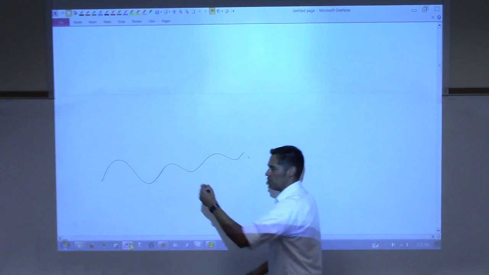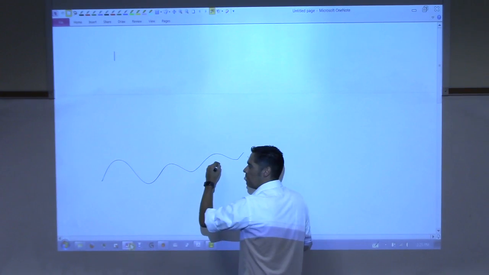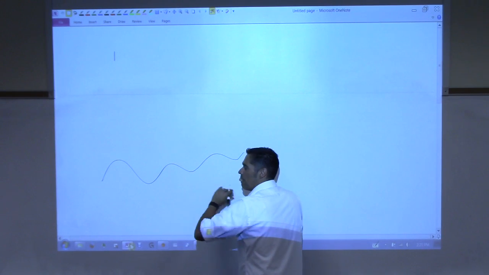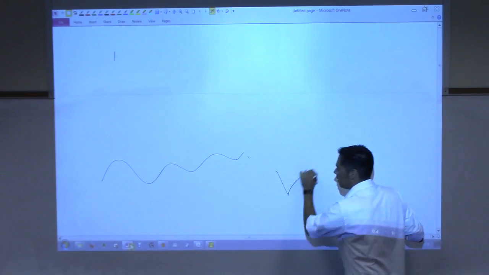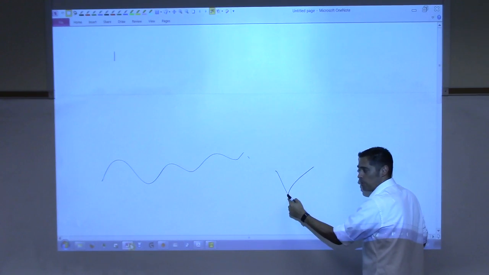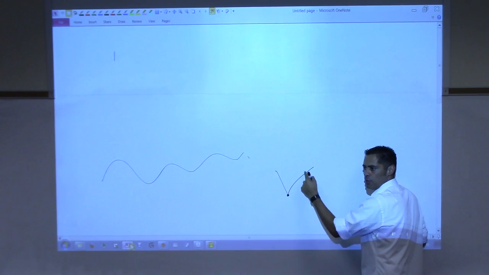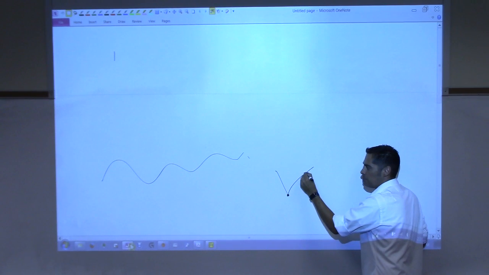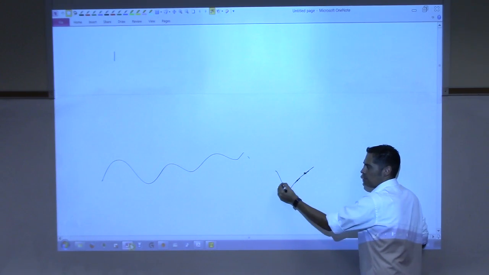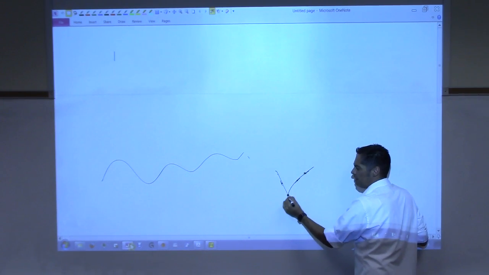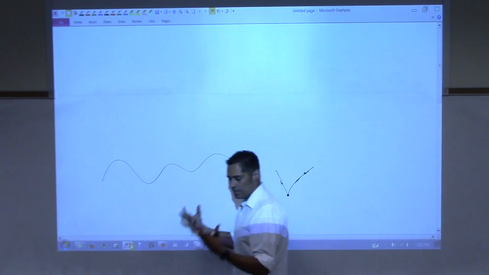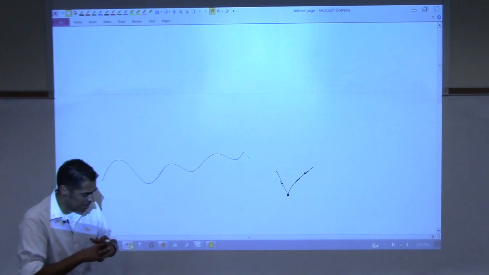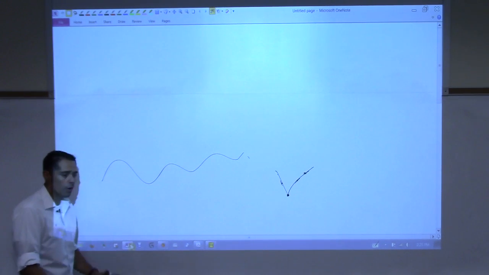Is it possible to draw a function without picking up your pencil that would be nowhere differentiable? Nowhere. Like the absolute value is only not differentiable here. Everywhere else, the derivative exists. If I pick this point, slope a tangent line there, slope a tangent line, slope a tangent line, it's only here that I can't define the tangent line. So does there exist a function that is continuous but nowhere differentiable?